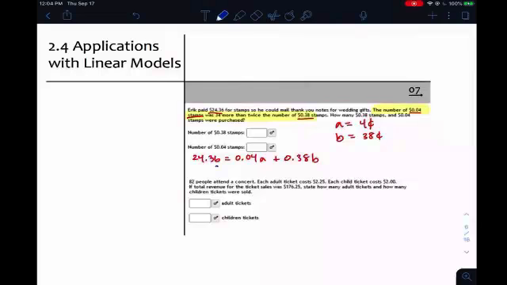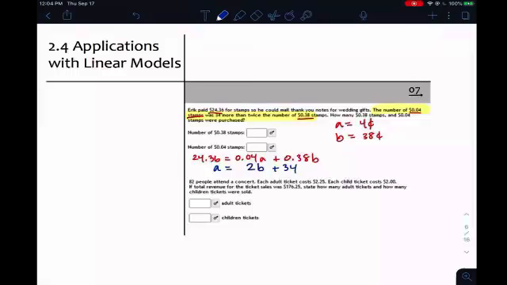And so if I know that the number of 4-cent stamps, which was represented by A, is 34 more than, so it's going to be plus 34, 2 times the number of 38-cent stamps, which were represented by B, this would be the relationship for my A value.